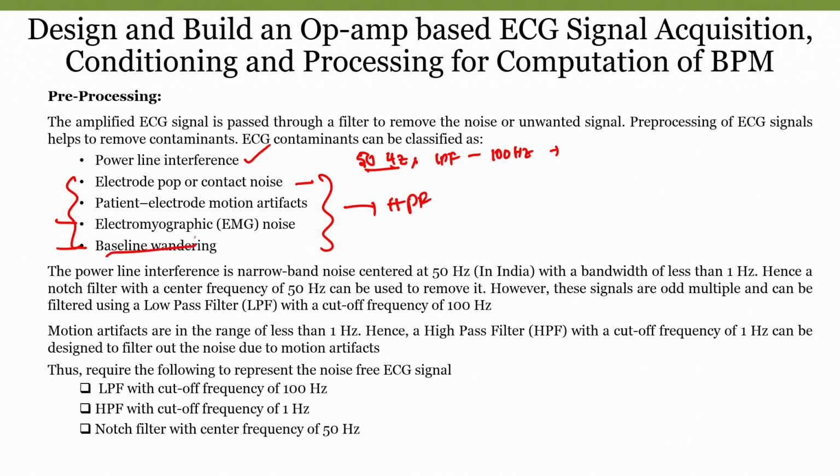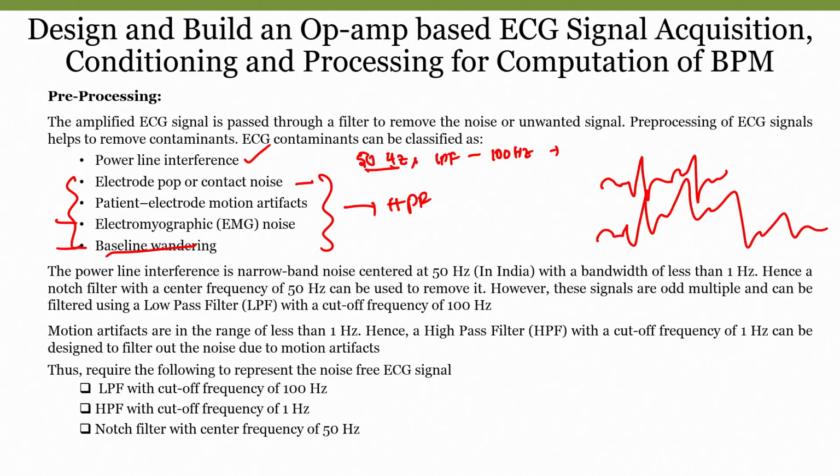What do we mean by baseline wandering? When we see an ECG signal, we should get it on one base, but instead it changes in offset, something like this. With respect to the ground, it is always fluctuating. That is called baseline wandering.